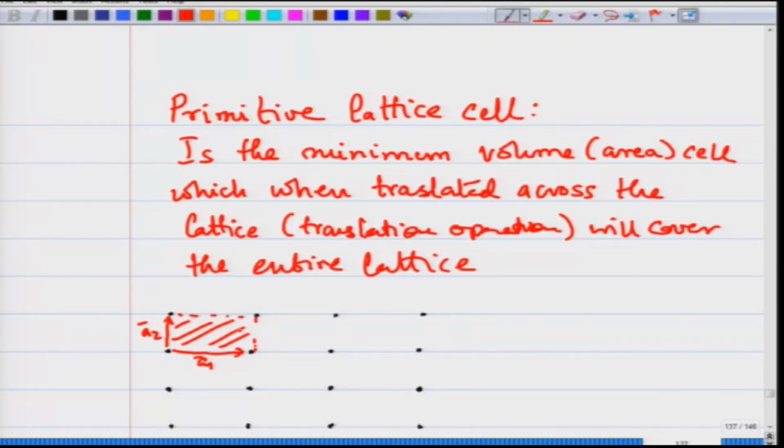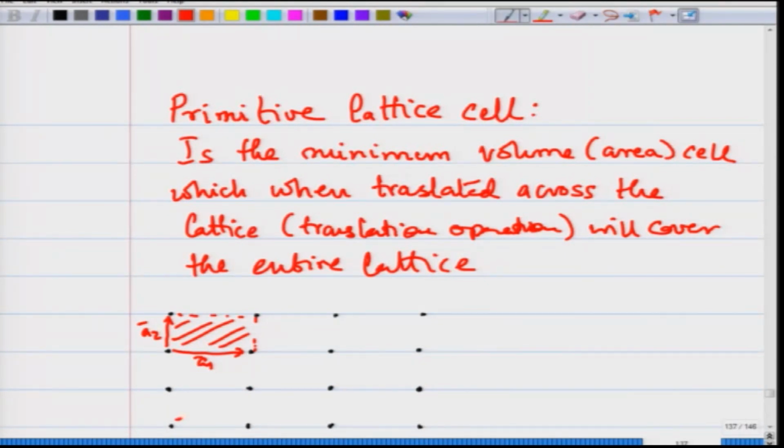This is of course an example in 2 dimensions. So instead of a volume we have an area, and if I translate it by the translation vector across my entire lattice, I will cover each and every point inside the lattice without leaving any gaps. So this is one example of a primitive lattice cell.